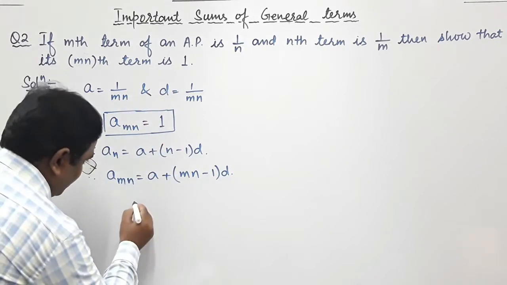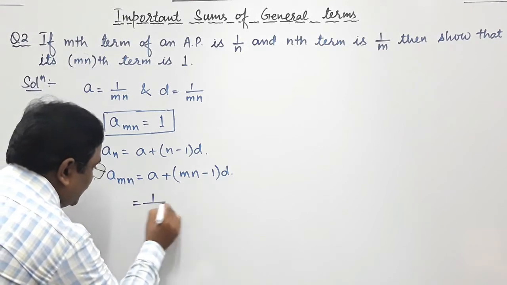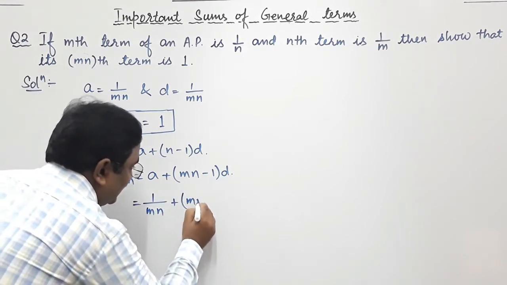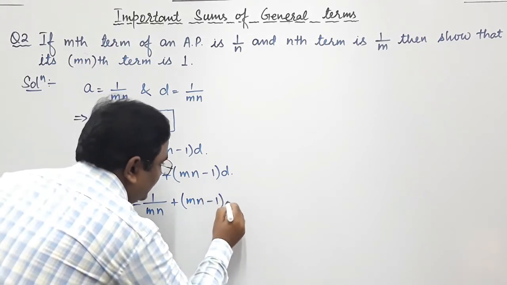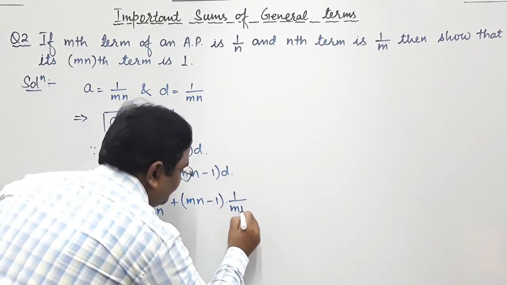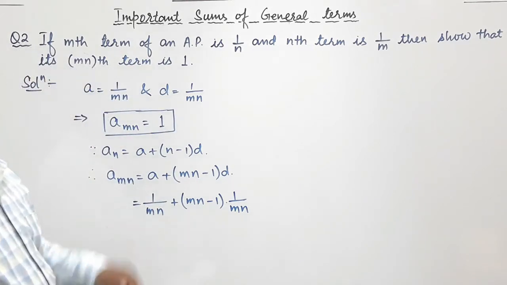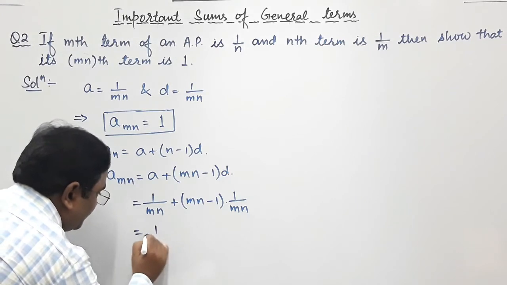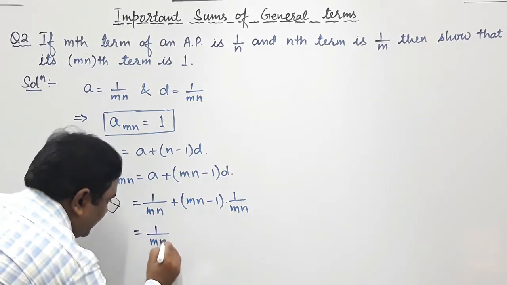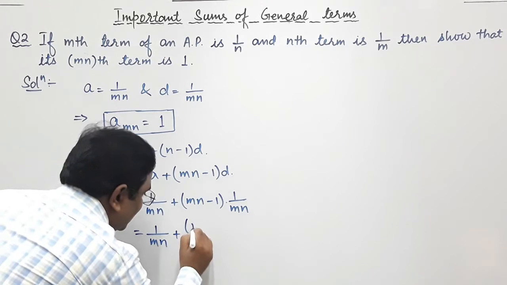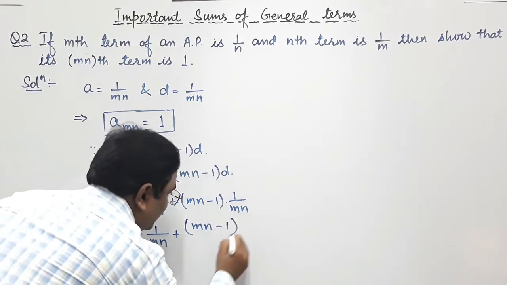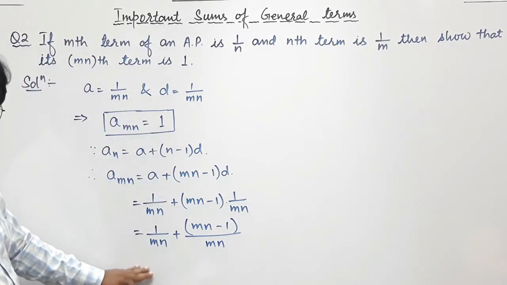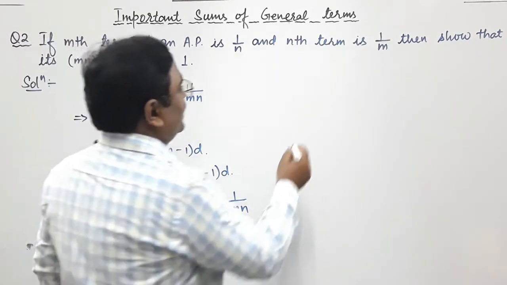So substitute it. a is equal to 1 upon mn plus mn minus 1 into 1 upon mn. इसको सिंप्लीफाई करते हैं. So we will get 1 upon mn plus mn minus 1 upon mn. Right? Let us simplify this.